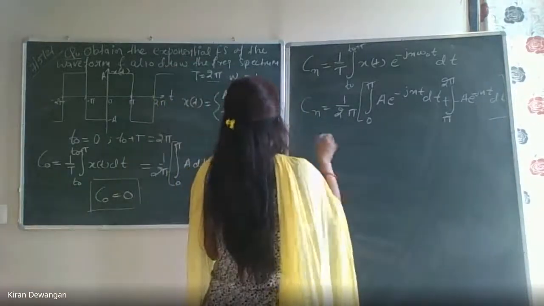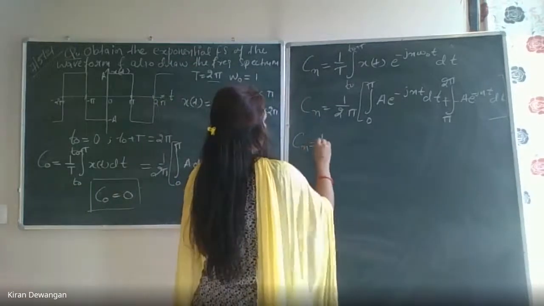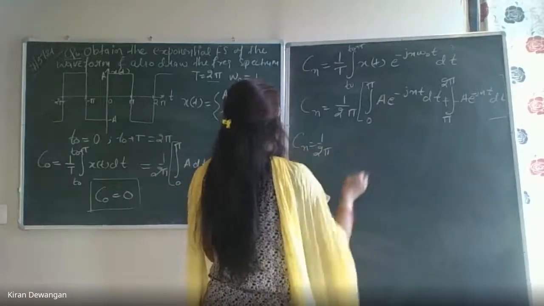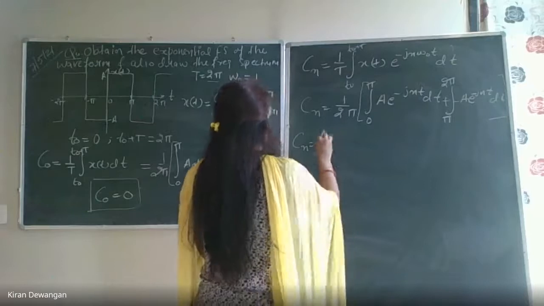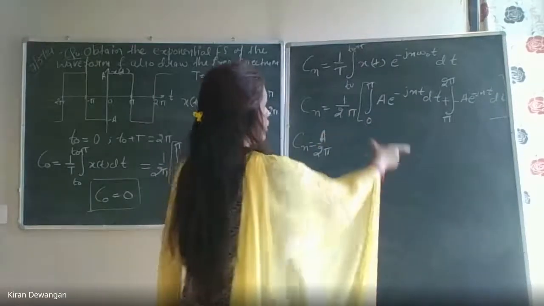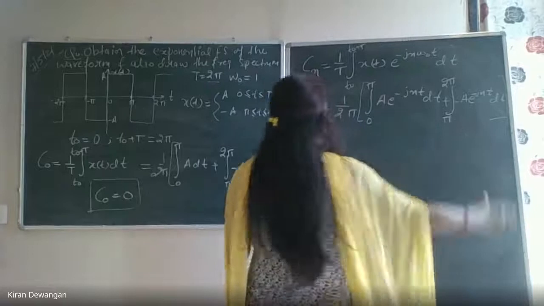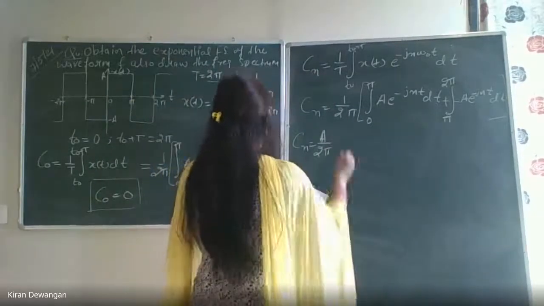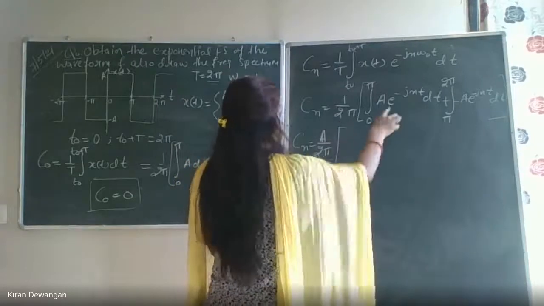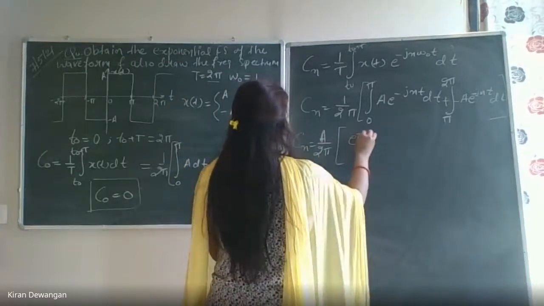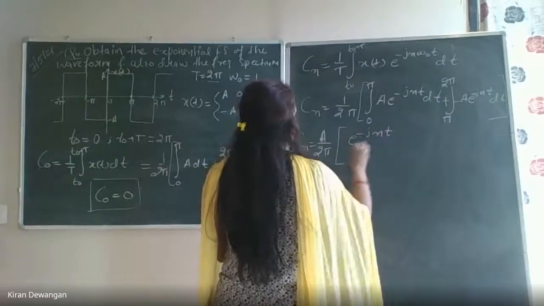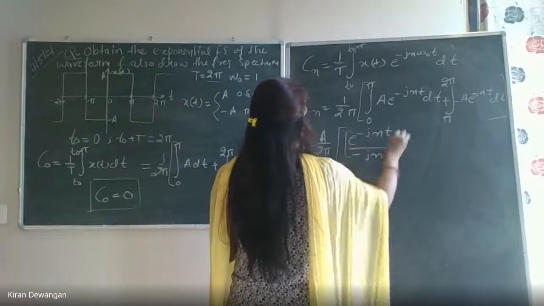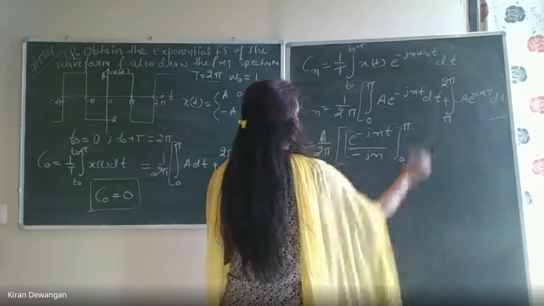Now what would be the answer of Cn? 1 by 2 pi. Then we can take a outside entirely from this integration as well as from this integration. Inside it will be e to the power minus j n t by minus j n with the limits 0 to pi.